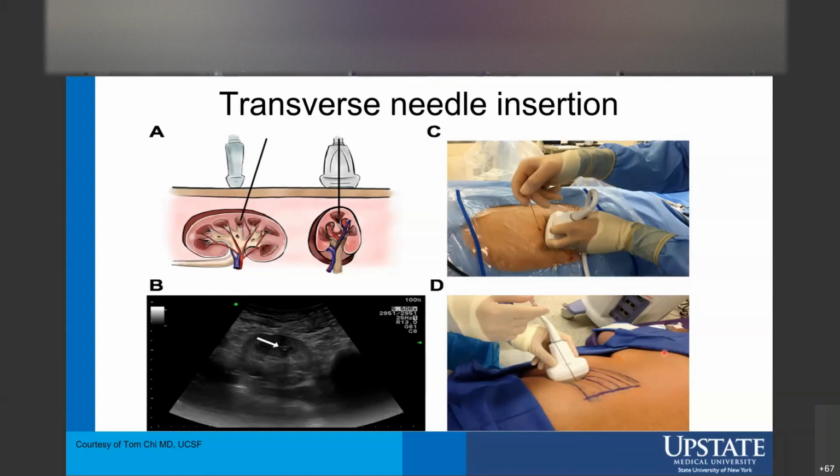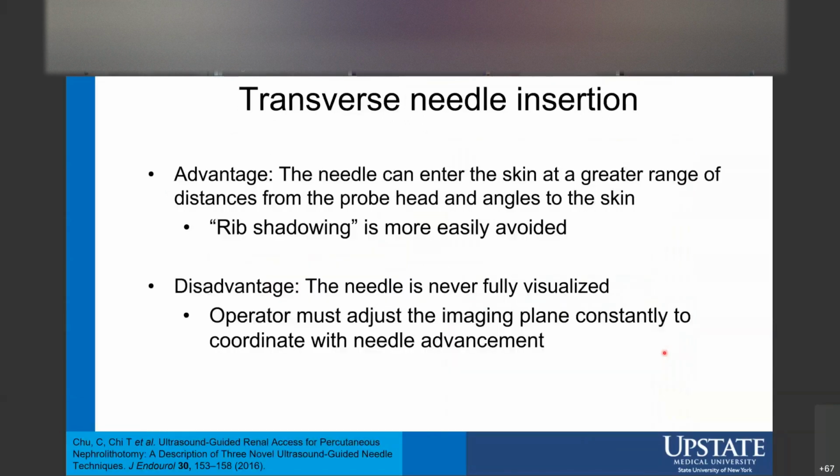What you end up doing is moving the image to follow the needle, and you have to estimate where the tip of that needle will end up based on where you start. I would say it's a little bit more difficult to learn. So the benefits are, as I said, you can avoid the ribs, you can avoid skin folds, you can get the needle in a little bit more variety of locations, but it's harder to learn.